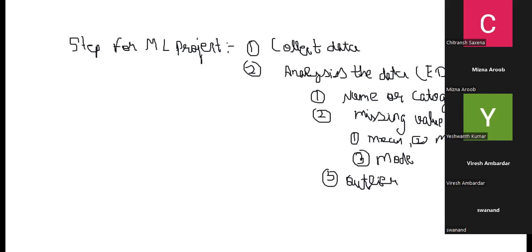If outliers are present and my data is numerical, then you can use the median. If there is no outlier inside my data and a missing value is present, and my data is also numerical, then you can use the mean. Okay, and if my data is categorical, then you can use the mode.